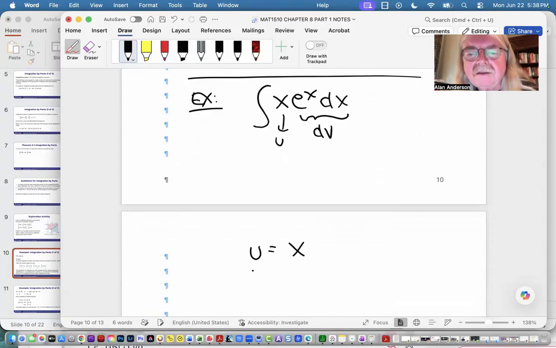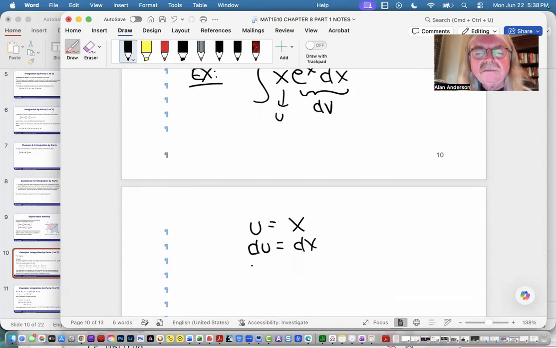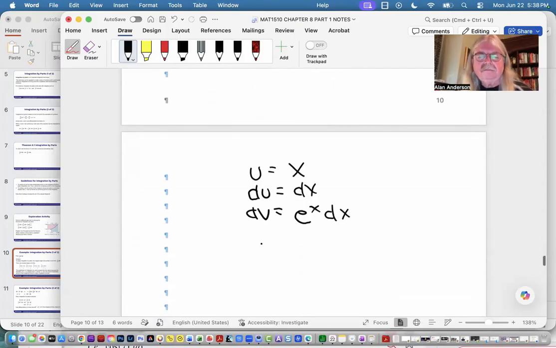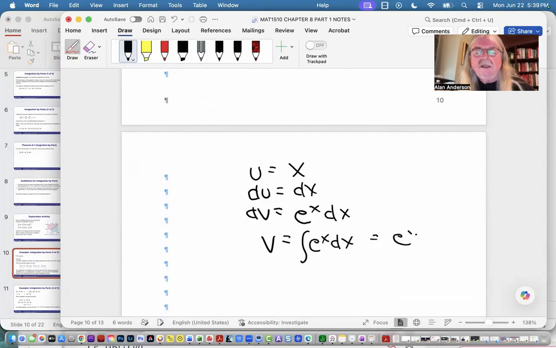If u is x, du is dx, then dv is e to the x dx, and then v is e to the x.